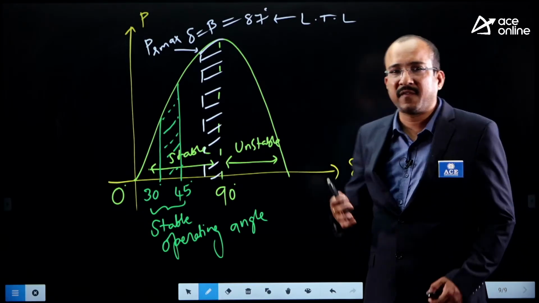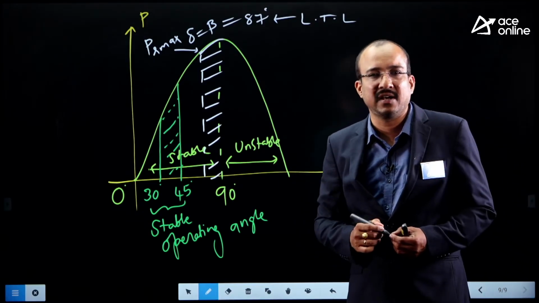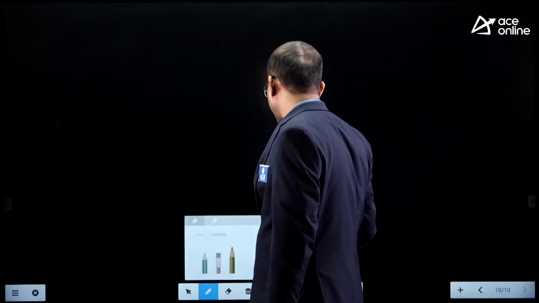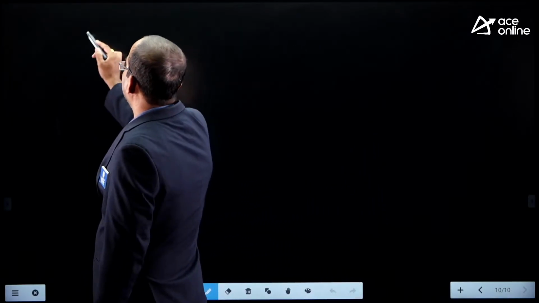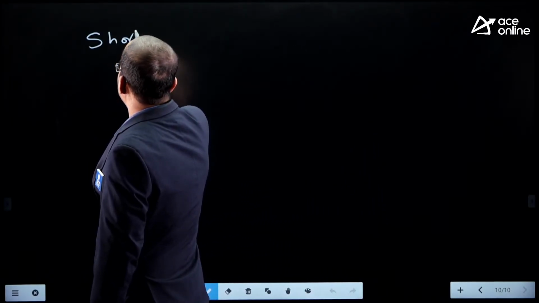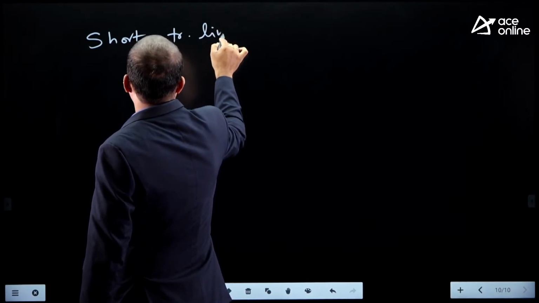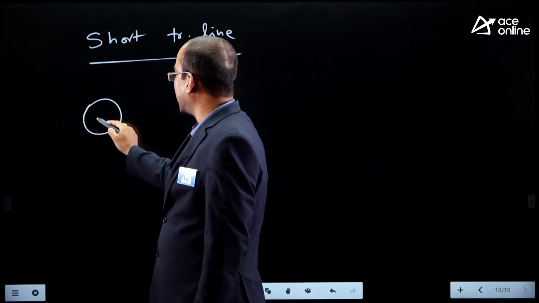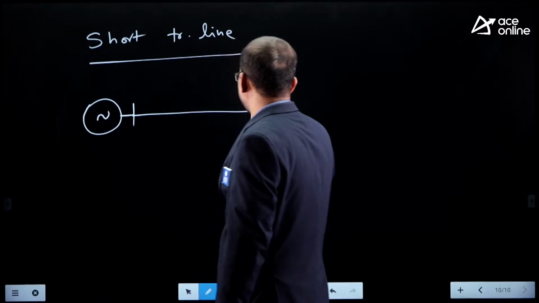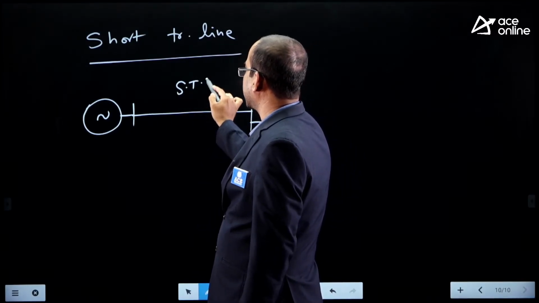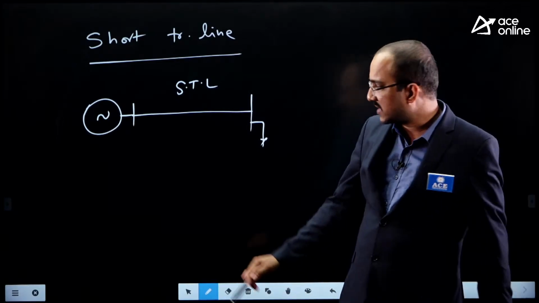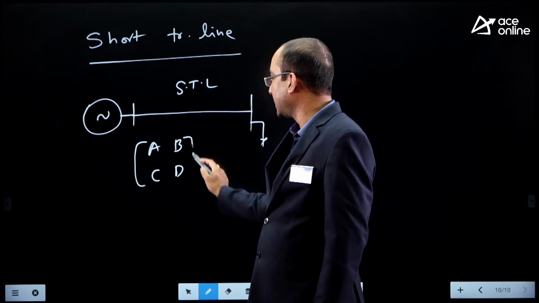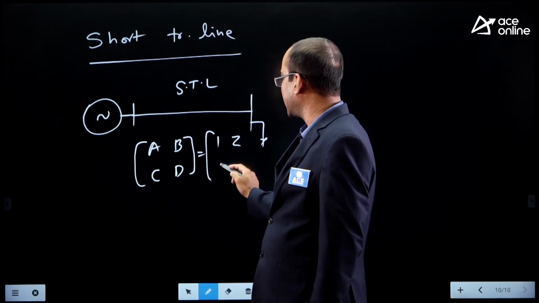Now for further analysis, if you consider a short transmission line, what will be the power transfer equations? If an alternator is connected to a short transmission line, what are the ABCD parameters in the case of a short transmission line?